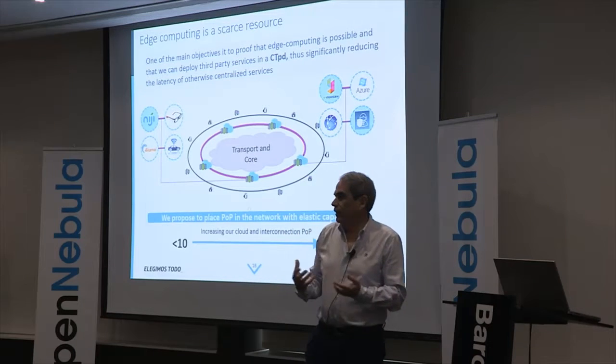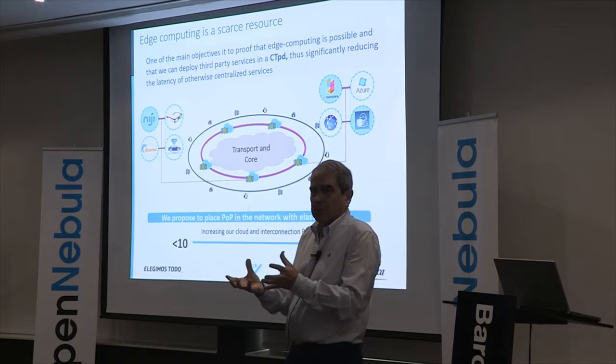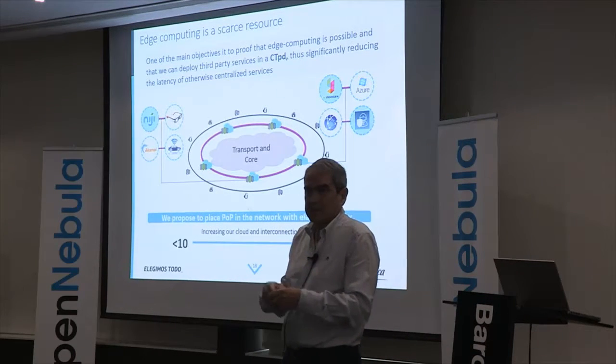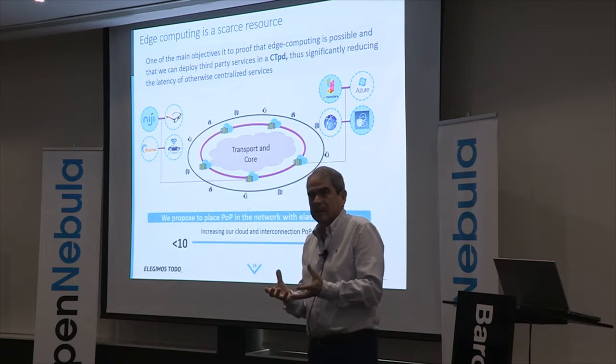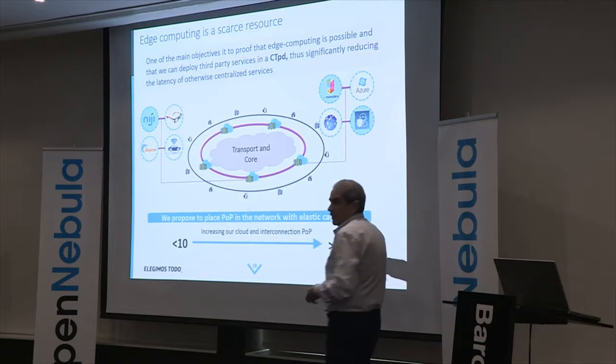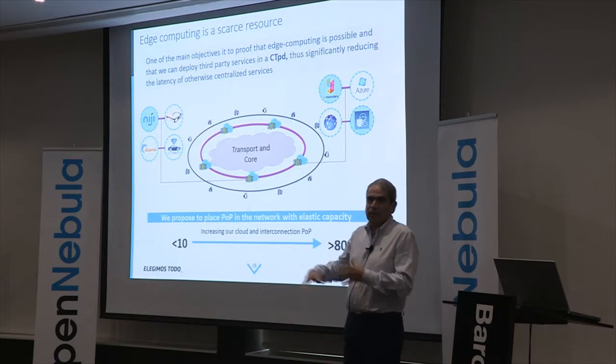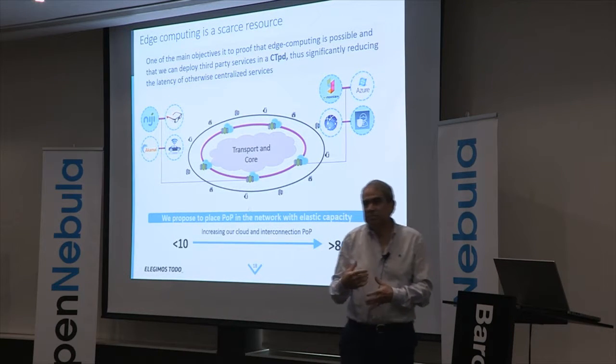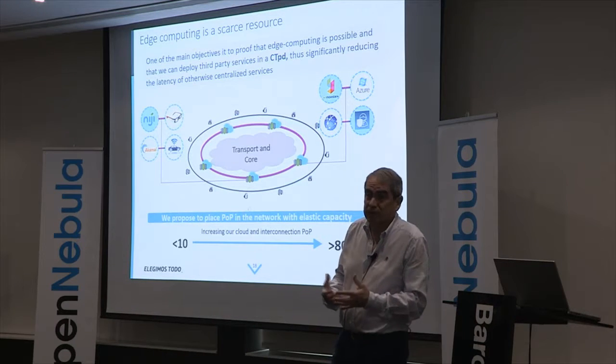So we decided that, okay, well, fine, if we are capable of transforming our central offices into data centers, we have more than 800 points of presence in Spain, while any competitor of ours will have tens, maybe 100.